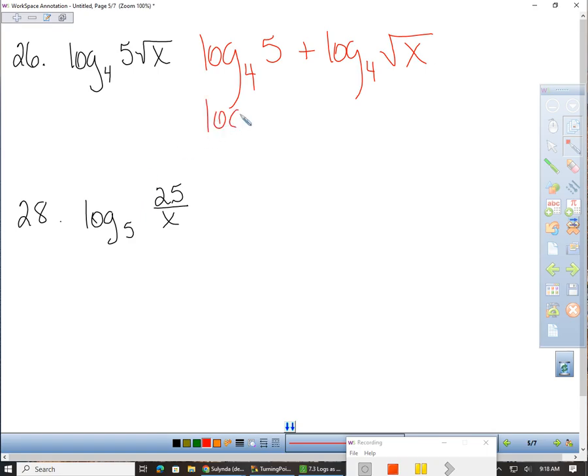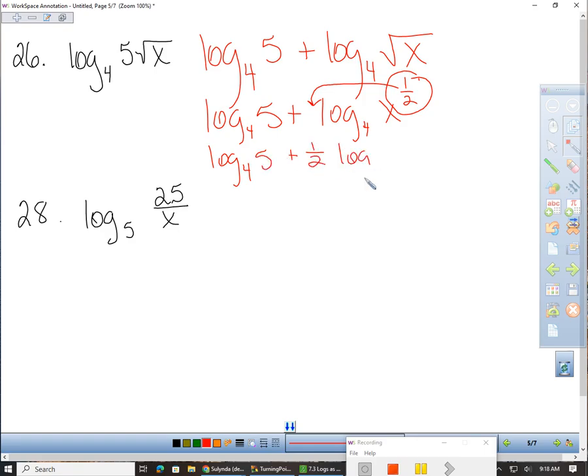So we have log base 4 of 5 plus log base 4 of x to the power 1/2. And if we have an exponent right here, this exponent gets to go in front as a coefficient. And so we end up with log base 4 of 5 plus 1/2 log base 4 of x.